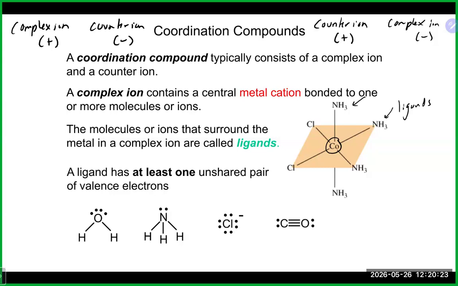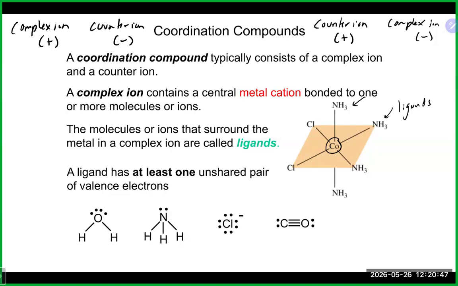So you could think of coordination compounds as really like an ionic compound. And much like an ionic compound, when we name it and when we write the formulas, it's always the positive first and then the negative. And that's how these coordination compounds work. Like I said, you could have either a positive or negative complex ion or a positive or negative counter ion.